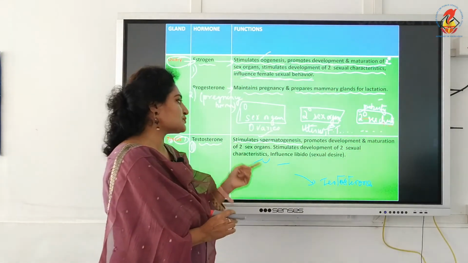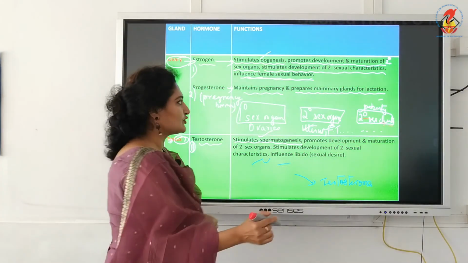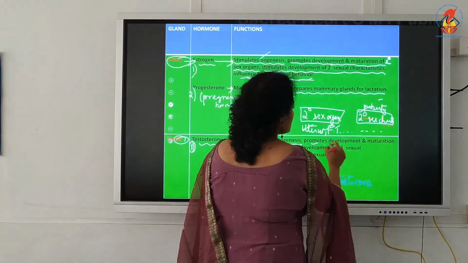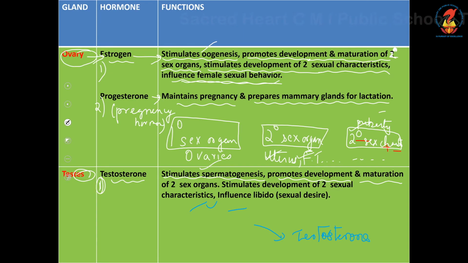Here it's development of sperms from the spermatogonia. Then same, it promotes development and maturation of the secondary sex organs, stimulates development of the secondary sexual characteristics and influences sexual desire, which is very prominent in males, that is called libido.